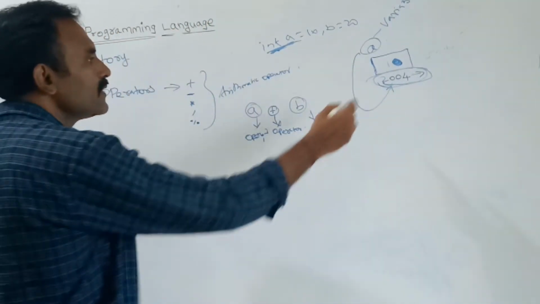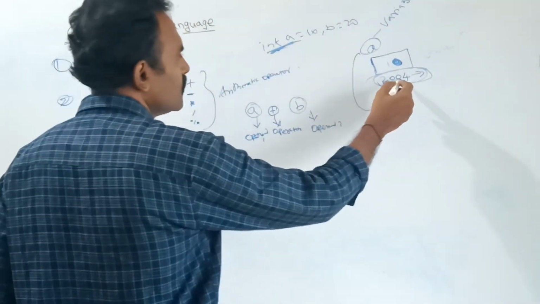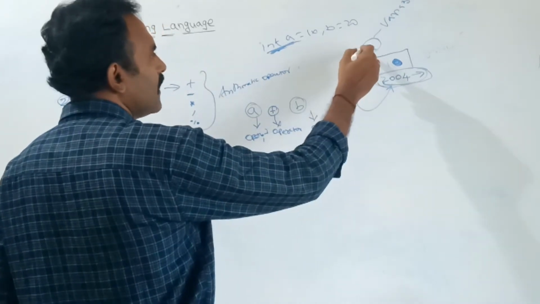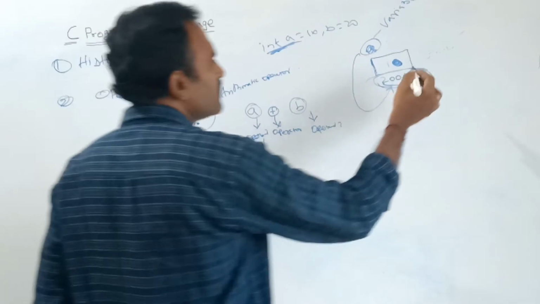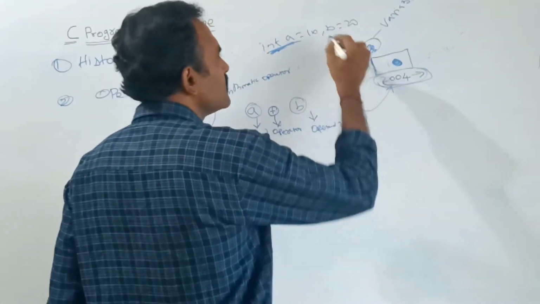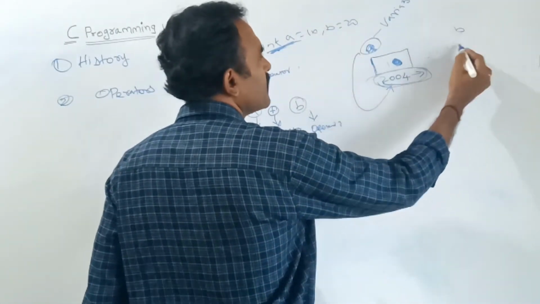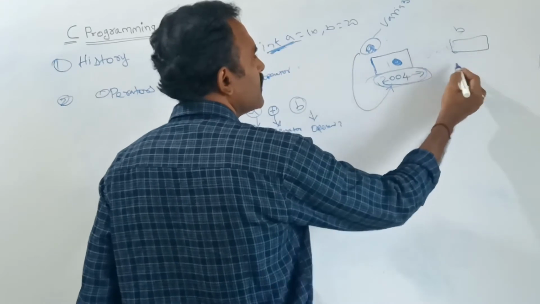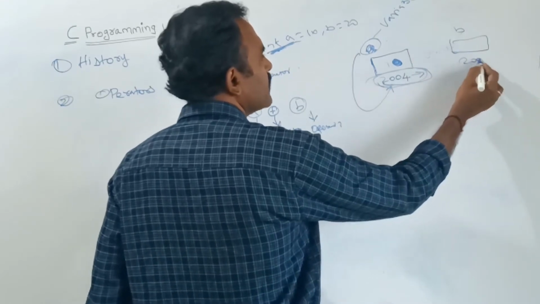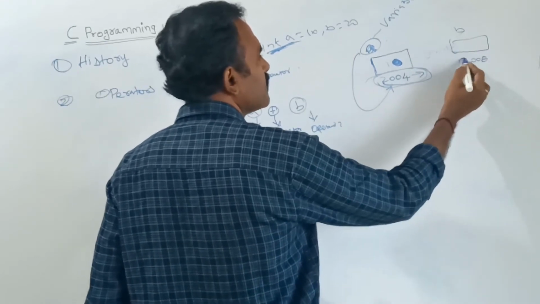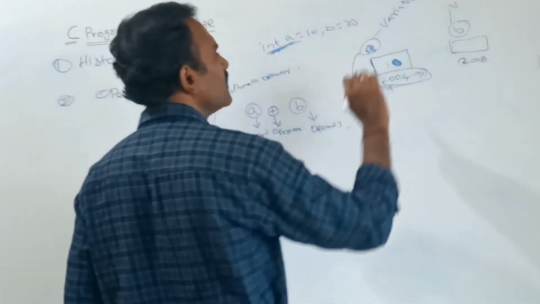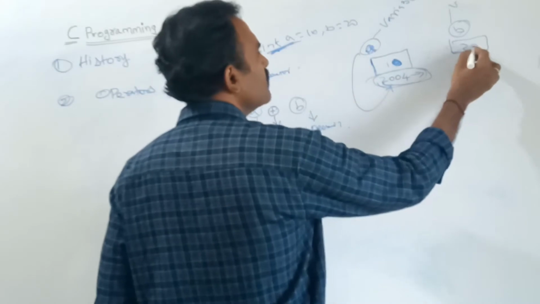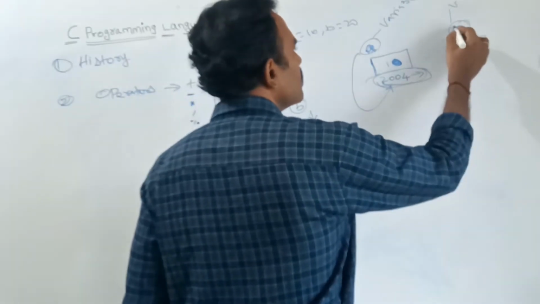We can't remember the address, so for that we give an alias name, A. Suppose I am storing B is equal to 20, the same way, it will allocate memory for B. Let us keep the address as 2008. This is variable 1 and variable 2. Here the 20 will be stored.